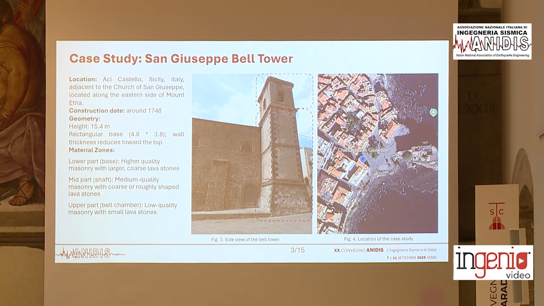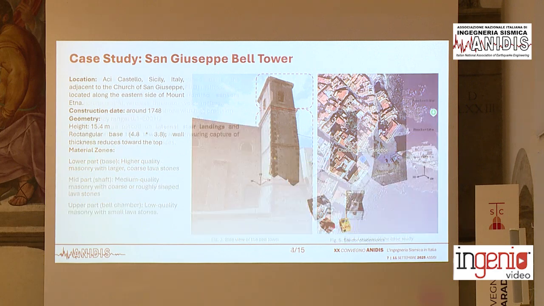The middle part has medium quality masonry, which is also in good order and arranged in pseudo-regular rows with cohesive lime mortar. And the upper part has the lowest quality, with very low quality mortar and small lava stones and bricks that have the worst quality in the structure.